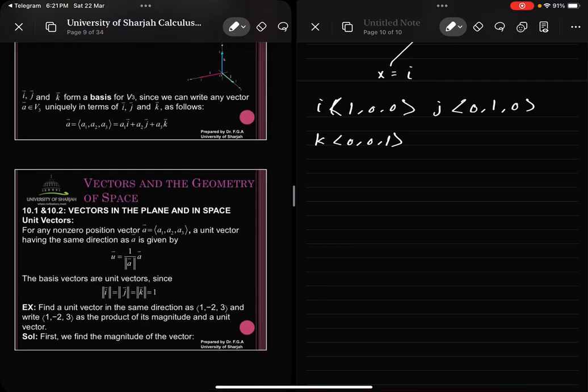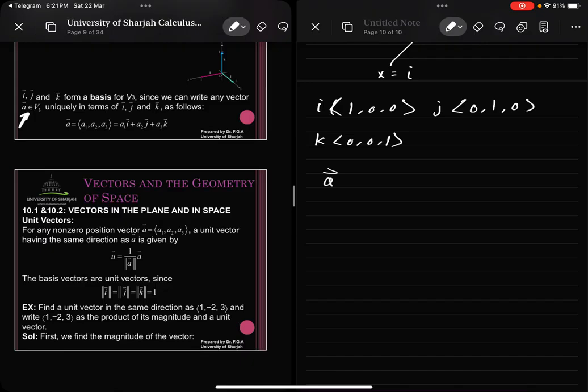I, J, and K form a basis for V3, since we can write any vector A in V3 uniquely in terms of I, J, and K as follows.